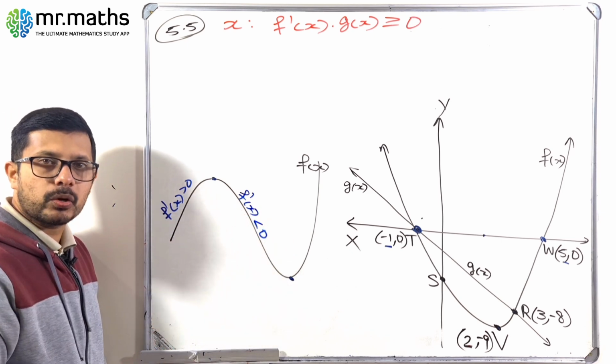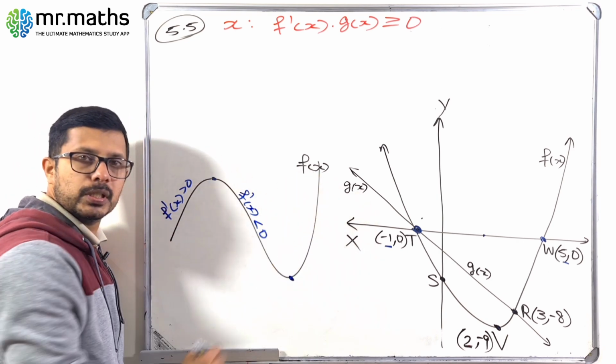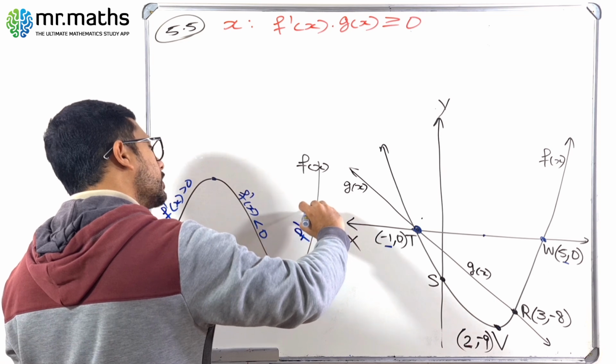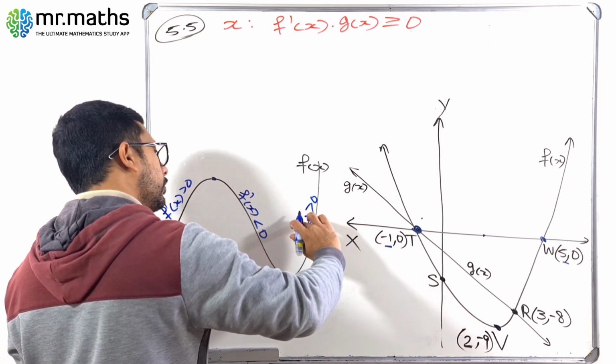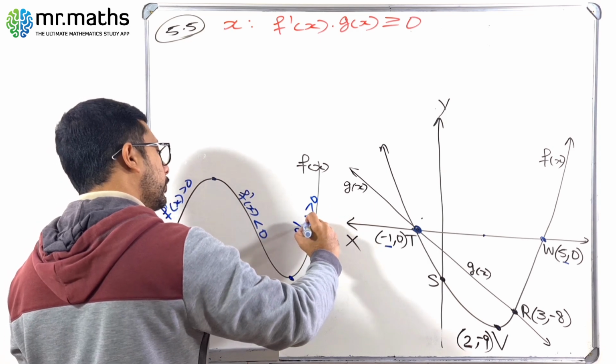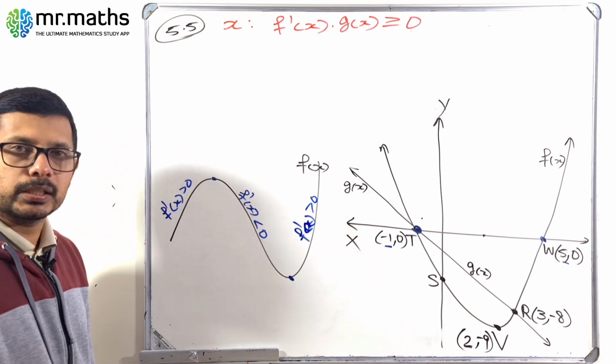Again from this turning point the graph is increasing, so the first derivative is again greater than 0.